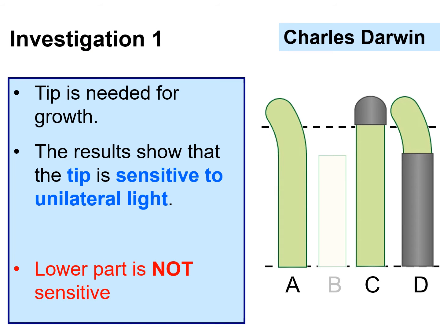So after the experiment, Charles Darwin gave 2 conclusions. Number 1, the tip is needed for growth, and number 2, the tip is sensitive to the unilateral light. And of course, the lower part is not sensitive at all.